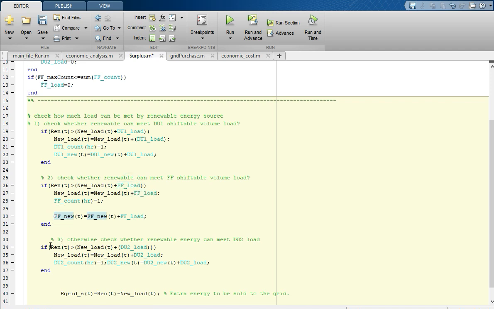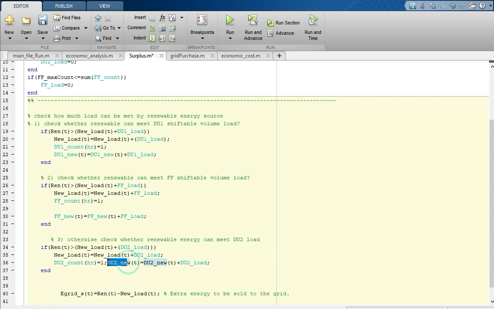Similarly this is for DU2 load. Check if the renewable is greater than the new load plus DU2, meaning it can meet the DU2 load along with this load demand. Then add this DU2 load in the new managed load, the rescheduled load, and increase the count of DU2 at this specific hour.